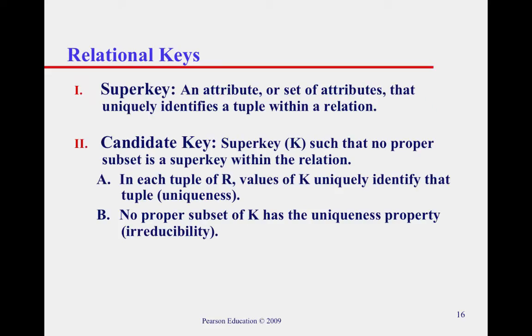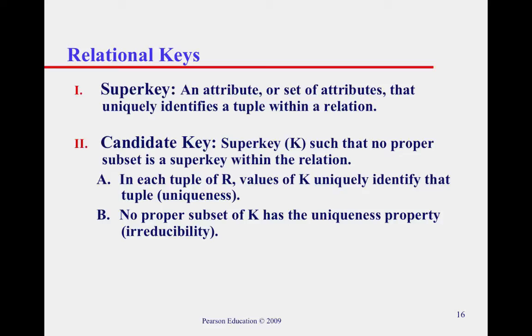Okay. So now we move into keys, which we talked about last time. Remember, a key simply uniquely identifies an entity. But the relational model has a number of definitions for these keys. So they start with a superkey, which is any set of attributes that uniquely identify a tuple.